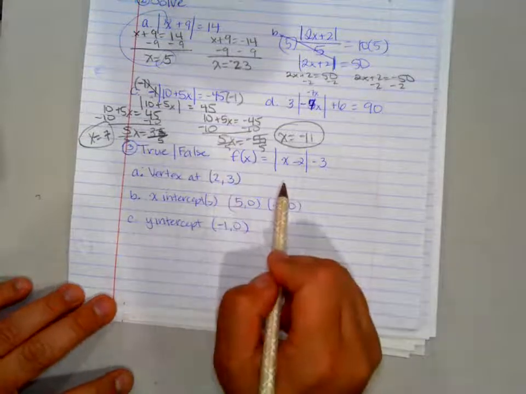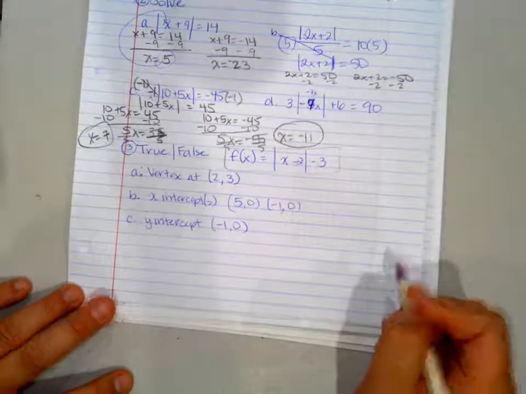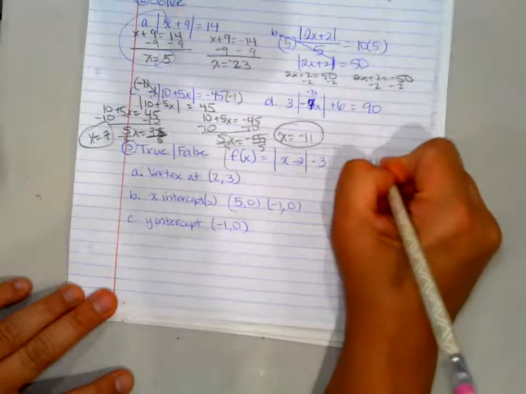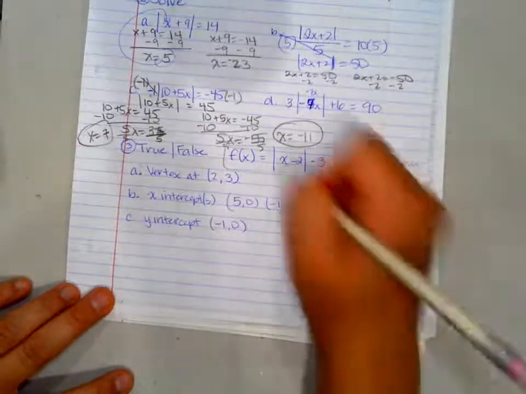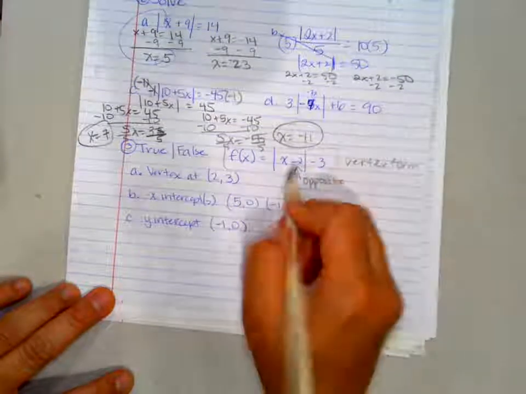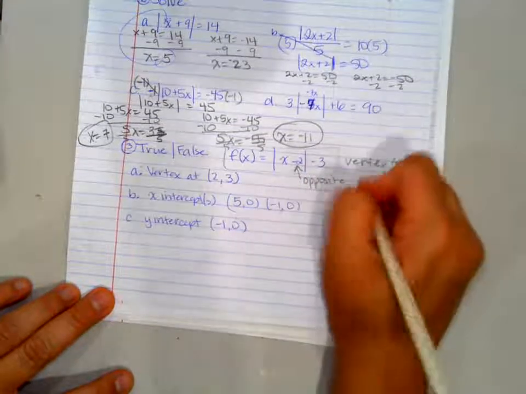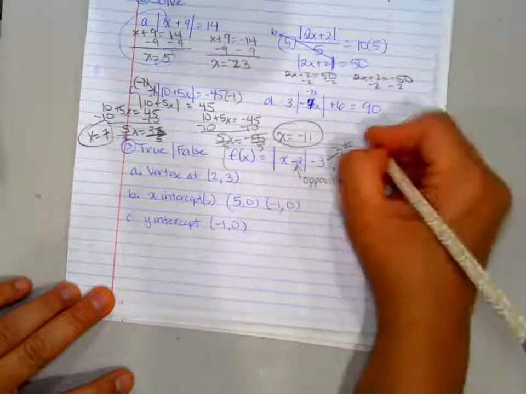Okay, well, how do we find a vertex? This right here is in vertex form. Vertex form is great because you can see the vertex in it. And the vertex in it is the opposite of whatever this one is. So your vertex is that, and then this number as is.